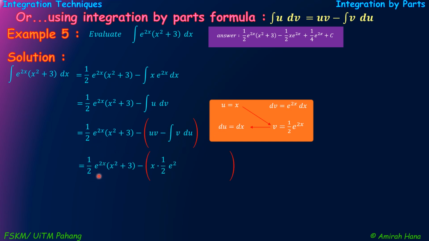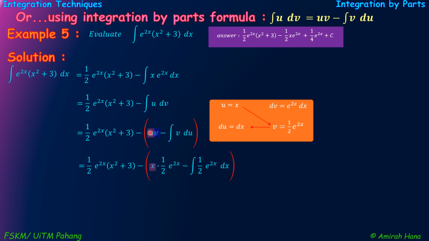So we still have half e to x squared plus 3, because there is no integration symbol, so we don't need to integrate. Then minus u equals x, v equals half e to x, and then minus the integration symbol, v equals half e to x, du equals dx.